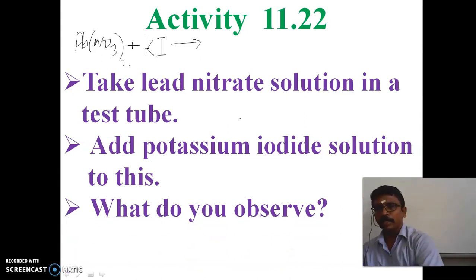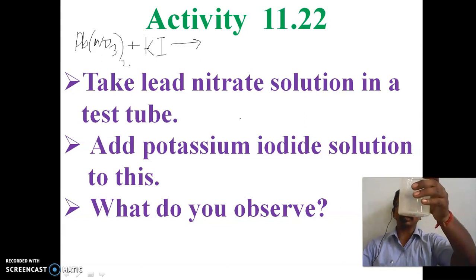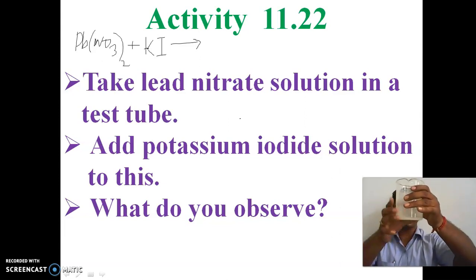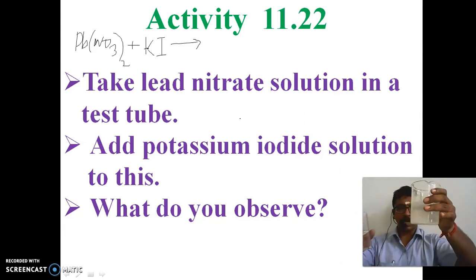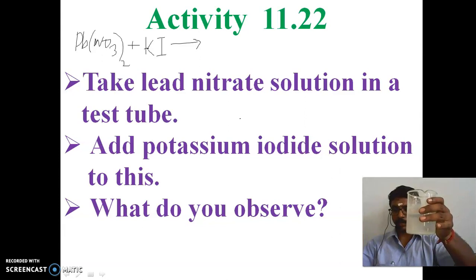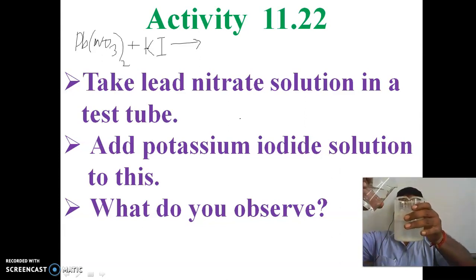We take lead nitrate solution; here we had it in the test tube, and here in the beaker. This is the beaker. How many ml? It is a 500 ml beaker. And we add this potassium iodide solution to the lead nitrate solution. So we have to observe what happens.